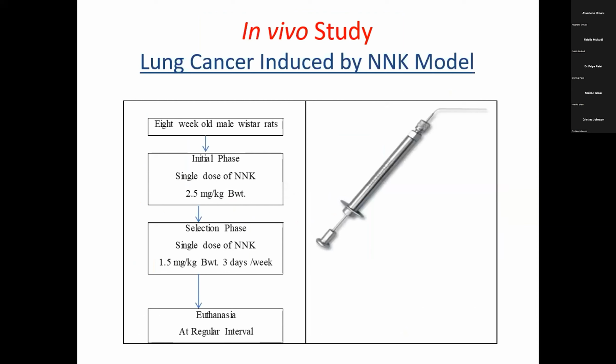We then confirmed the same thing in vivo in Wistar rats. Very first, we have to develop lung cancer in Wistar rats using NNK. NNK is a cancer-inducing substance, and it is a protocol of 8 months, so continuously for 8 months we work on the NNK model.